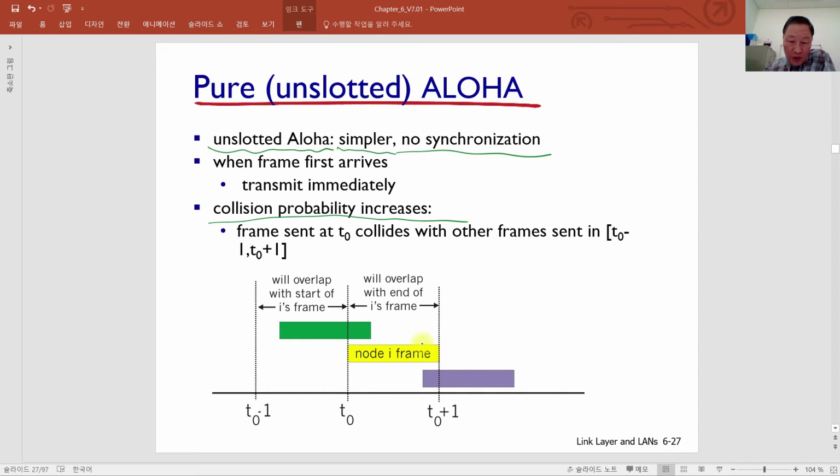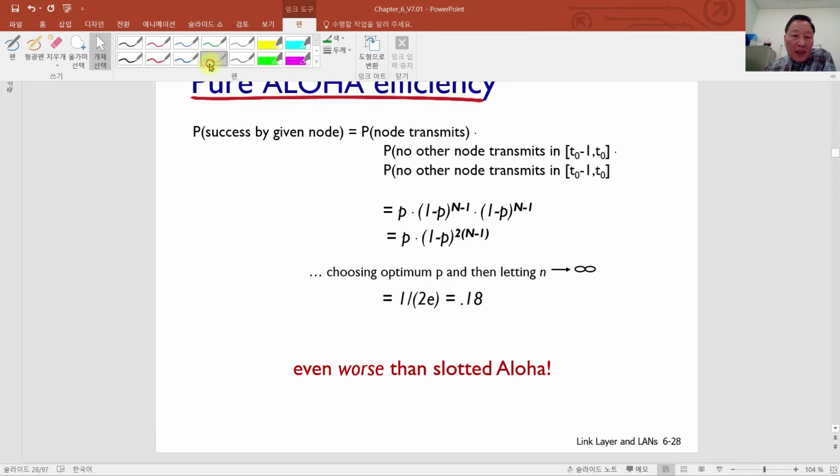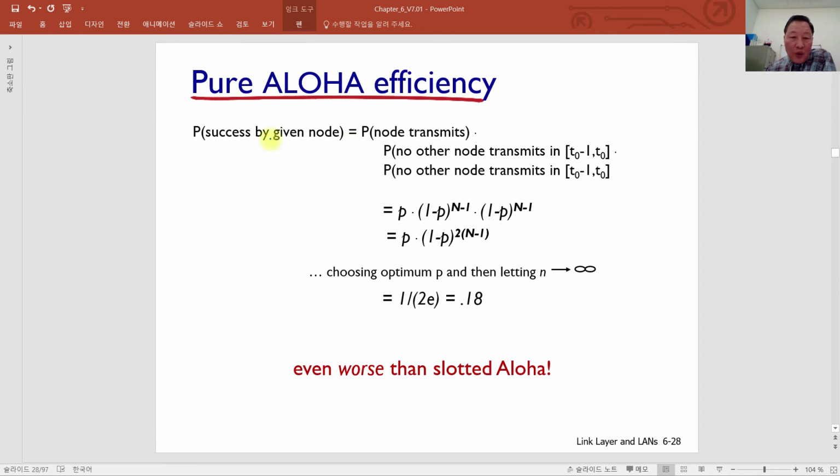Because when this one is trying to send, there should be no transmission before, and also during that transmission there should be no transmission before and after. This provides a more inefficient result. Thus, considering that efficiency theoretically, it is like this. Also, we can assume this one is the probability, and based on this, that is the equation.